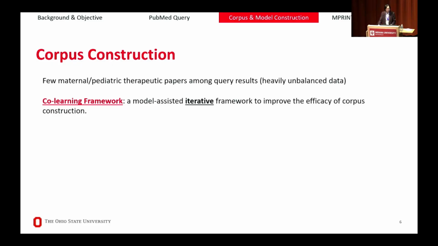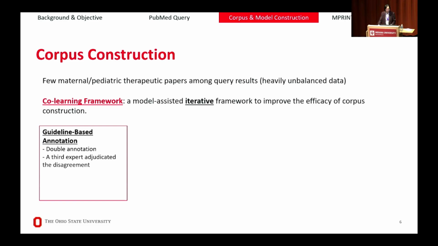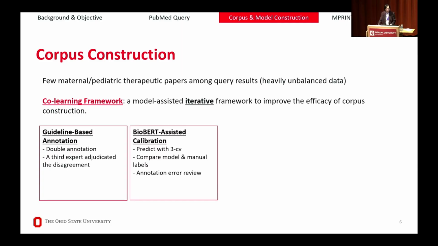So we developed a co-learning framework like this to allow us to get a suitable labeled data set to support the following model construction with an accessible manual annotation workload. So first, we use a double annotation with a third expert adjudicating the disagreement part. And next, in the calibration stage, we compared the BioBERT model predicted labels with the manual labels.